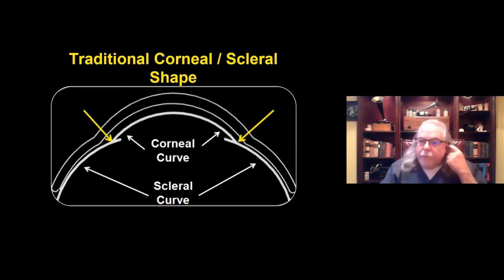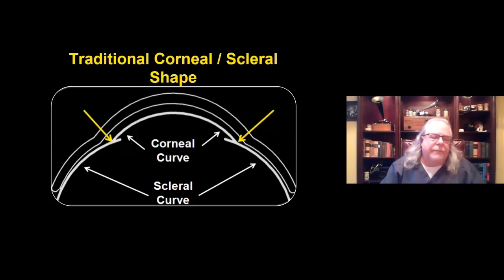Now, perhaps one of the most important features that came about with time was a better understanding of scleral shape. You know, when I was in school many, many years ago, we were taught that the cornea had a curved surface to it and that the sclera had a curved surface to it.